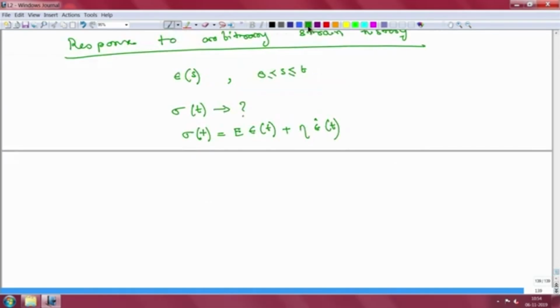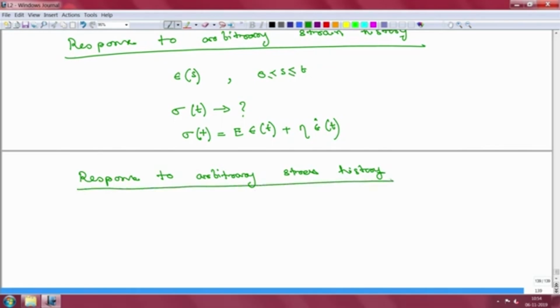Now let us look at the other case, the response to arbitrary stress history. So, your stress is provided to you as a function of time for all values up to t, and the question is what is the current value of strain.